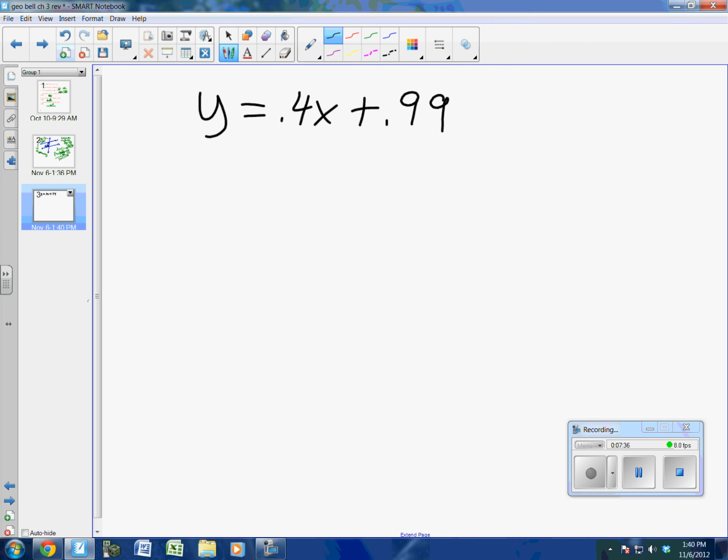Okay. A says, make a table of values showing what a telephone call will cost after 0, 1, 2, 3, 4, or 5 minutes.